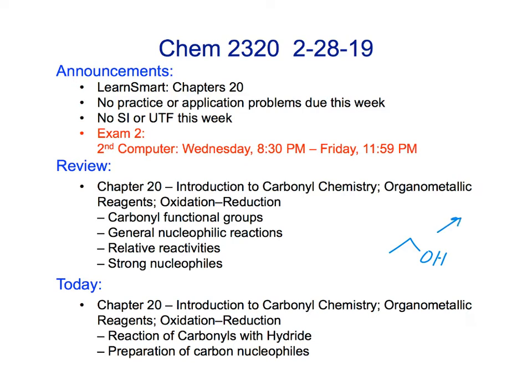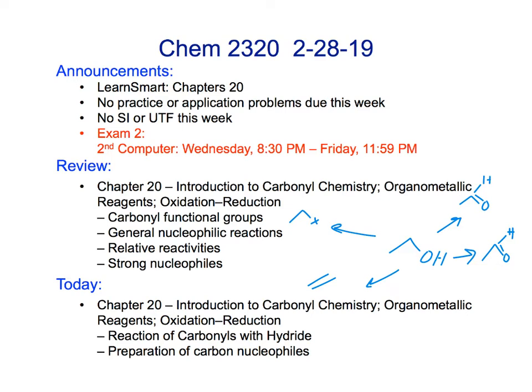We can oxidize alcohols. We can oxidize that to an aldehyde, or oxidize it to a carboxylic acid. Remembering back, we could do dehydration reactions, or convert it into a halide.